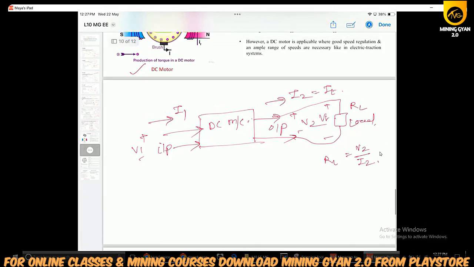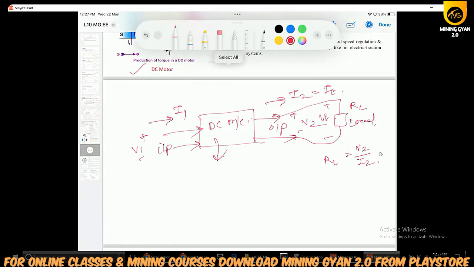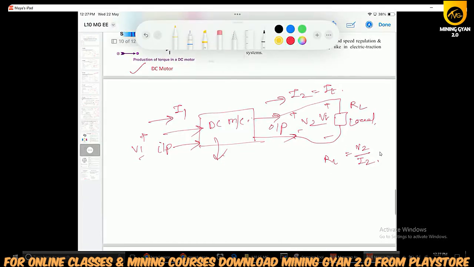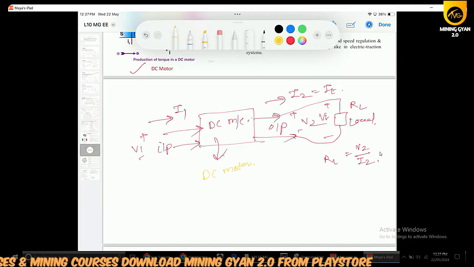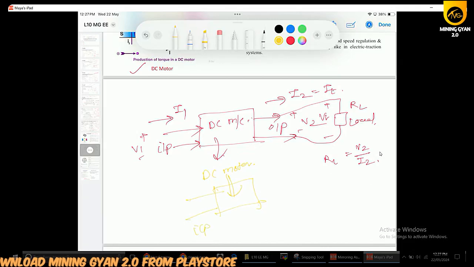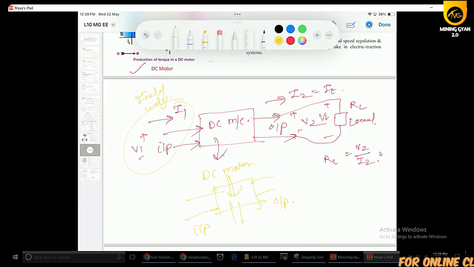Now in case of a DC motor, this is the input side and that is the output side. In case of machines, these are the field windings. Let us say this is the field winding.